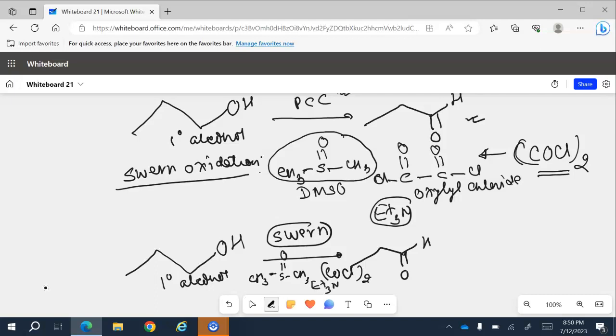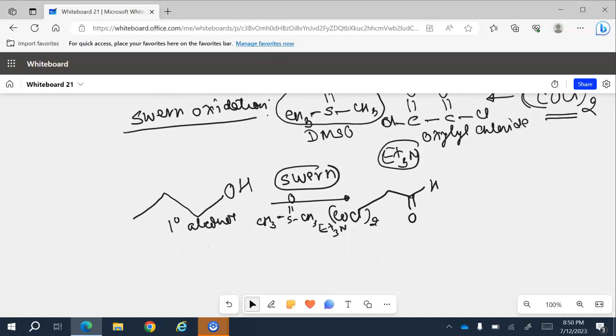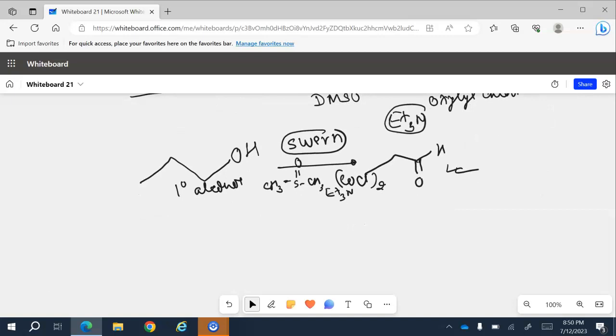And one beauty of the Swern oxidation is that all the side products that come with this one will be like sulfur dioxide or carbon dioxide. All side products will be very easily removed as gases. Therefore, Swern oxidation has some advantage for the workup. So it is an important one. And as we discussed already, if it is the tertiary alcohol, there is no oxidation, that we have explained previously also.